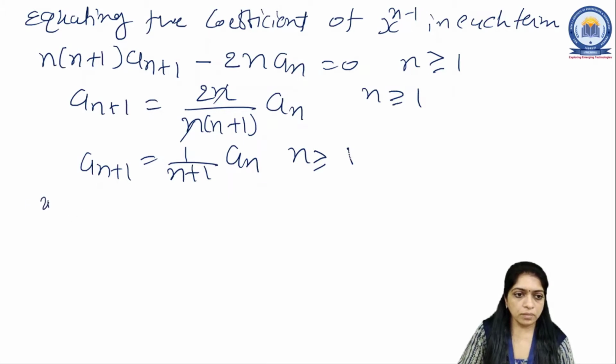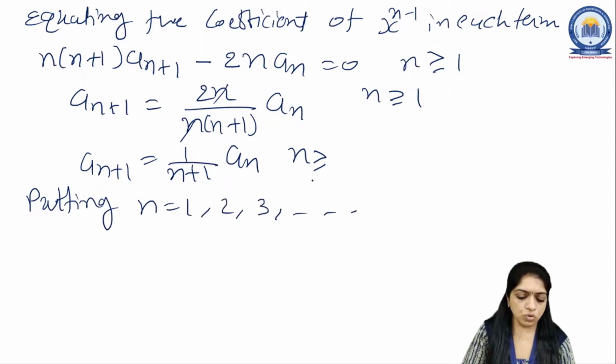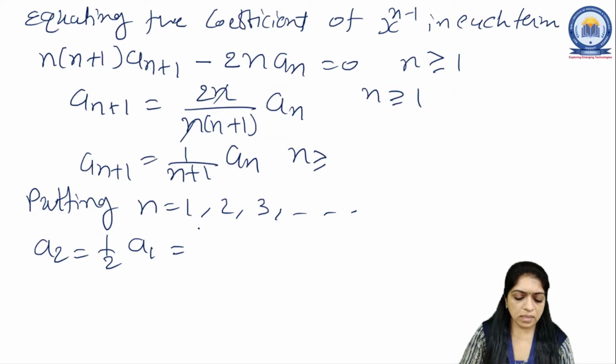So putting n equal to 1, 2, 3 and so on, the first value is a2, that is 2 by 2 a1, so a2 is equal to a1.